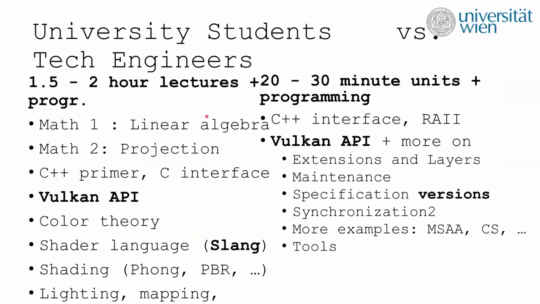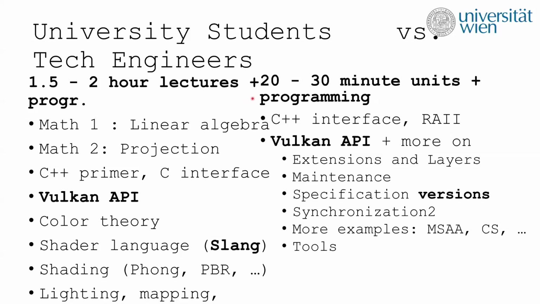And finally, I want to also talk about the different needs between university students and tech engineers, because we've been teaching university students, so we really want to give them a broad spectrum of computer graphics, real-time computer graphics. And the Vulkan API is just one part of that, even though it's quite extensive, of course.